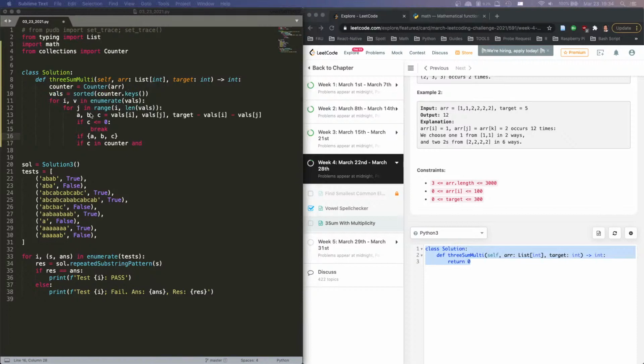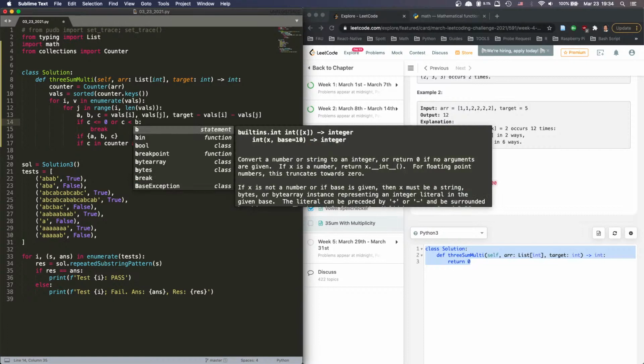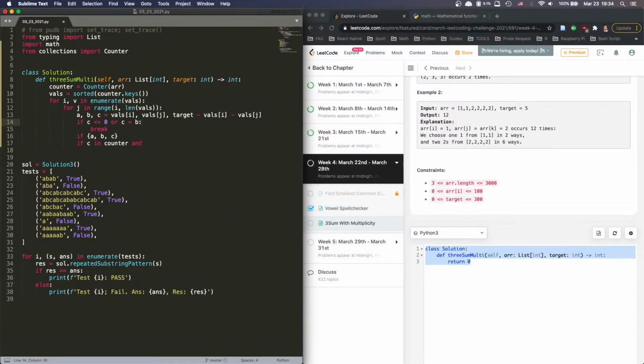Doesn't matter, because the way we are doing this, the third value has to be, yeah, this actually is a better way to tell. If C is smaller than 0, or C is smaller than B, because A, B, C, the way we're doing it is going to be small, medium, and big. It can be equal, but if C is smaller, then we're just going to break. All right.